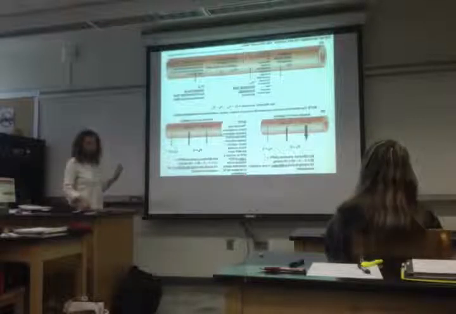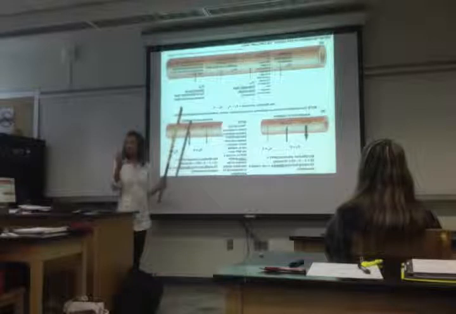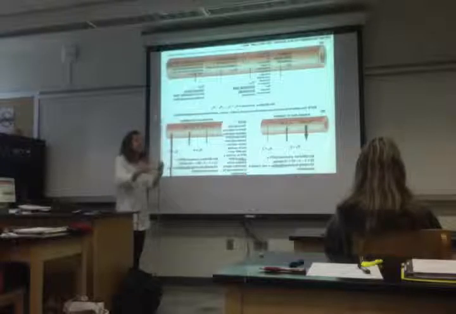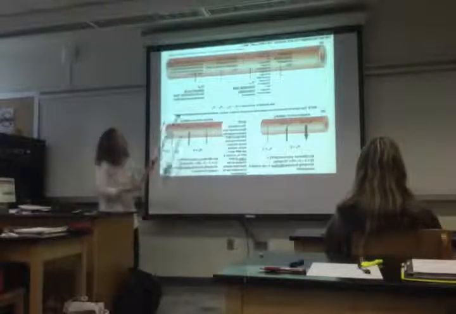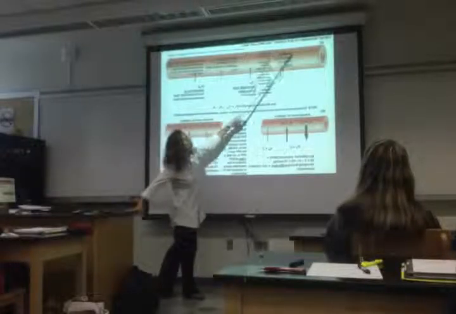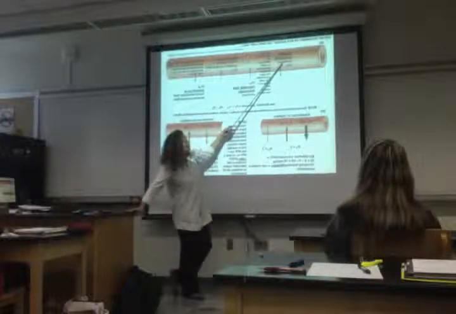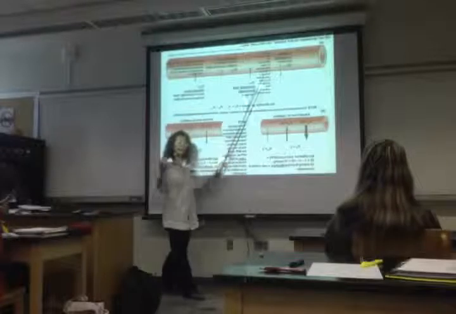So, we're going to look at 4 different influences or factors, however you want to think about it, that lead into what the net movement is going to be, in or out. Our first factor we'll call capillary hydrostatic pressure. So we're inside the capillary. We've got pressure, right?